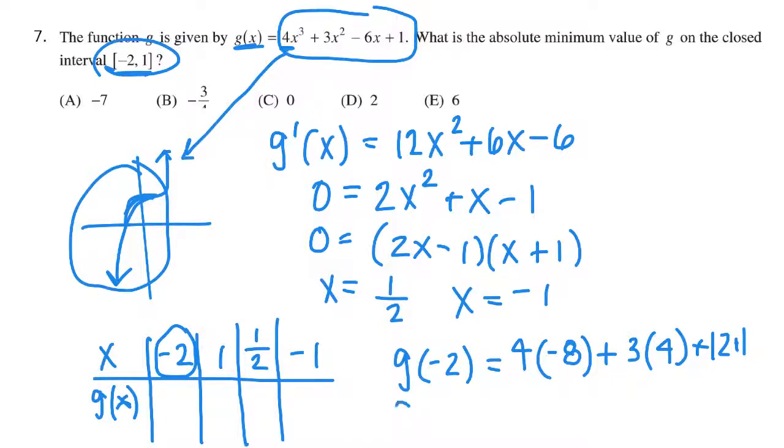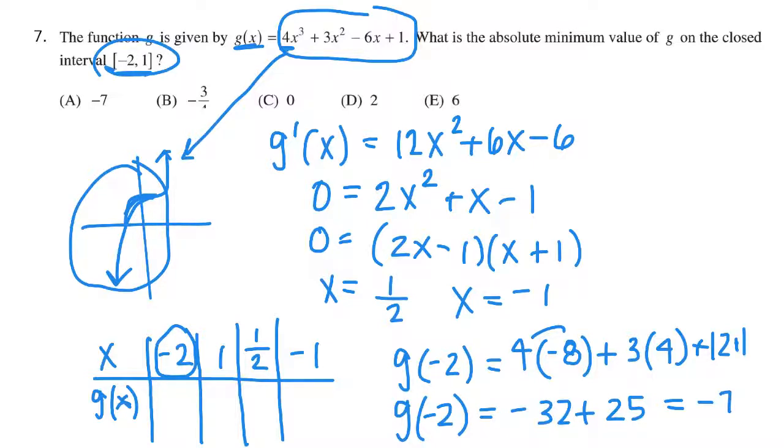So g at -2 equals, well, let's see, that's going to be -32 plus 12 is 24 plus 1 is 25. And so notice -32 plus 25 is -7.